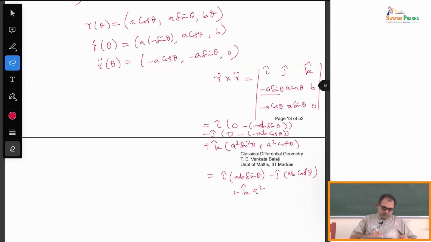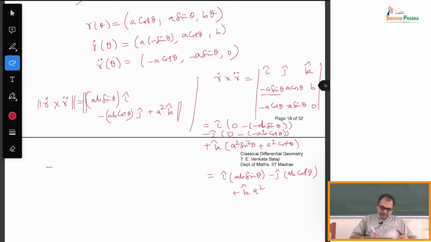Therefore, norm of gamma dot cross gamma double dot is going to be this thing: ab sin theta into i hat minus ab cos theta into j hat plus a squared into k hat, and then the norm of that will give me the square root of the sum of the squares of the components.